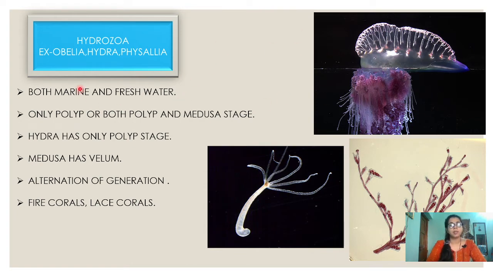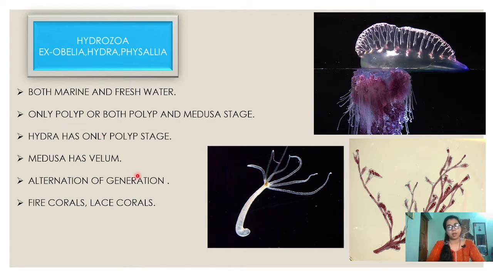In Hydrozoa you will see that they are both marine as well as freshwater forms, and they have either both polyp and medusa stages, that is, sexual as well as asexual reproduction, or otherwise only the polyp stage, the fixed stage. One exceptional feature of this class is that Hydra has only the polyp stage and does not show the medusa stage.